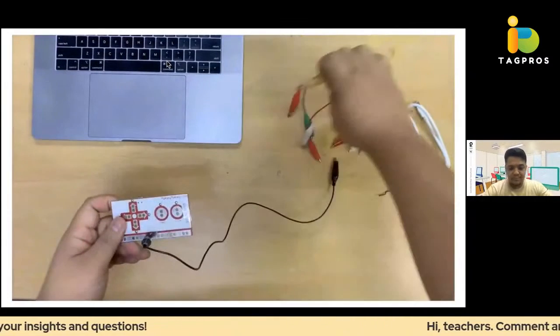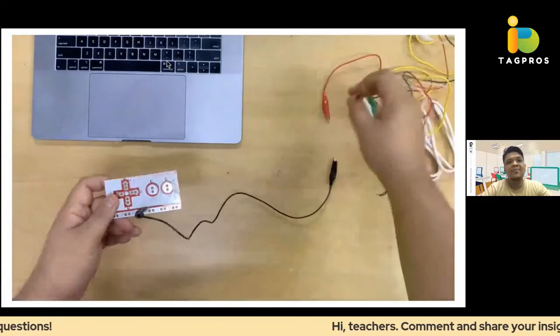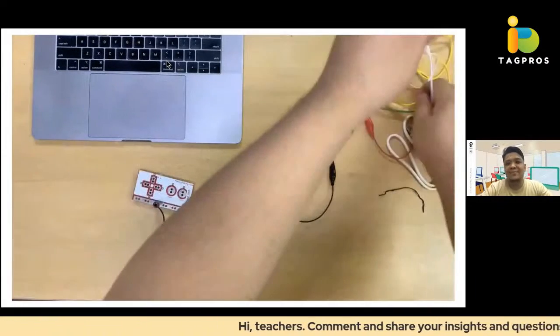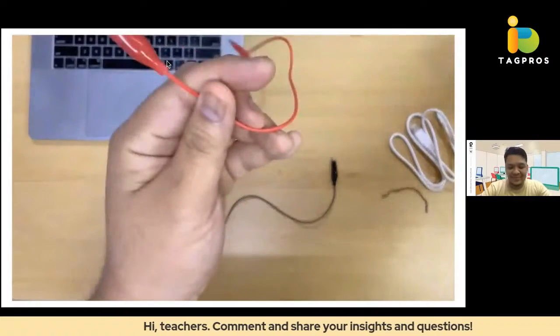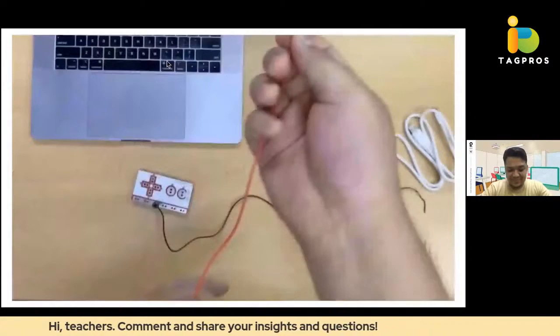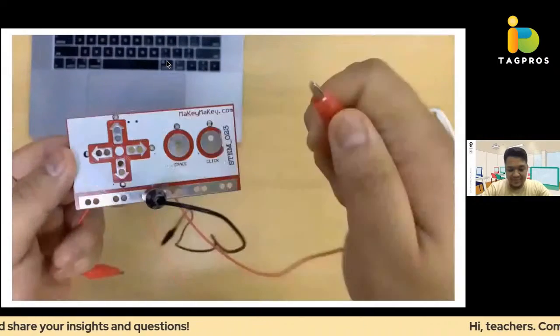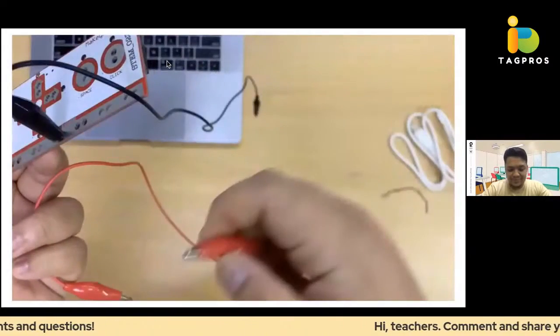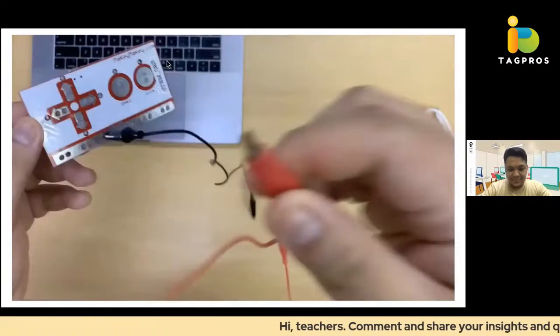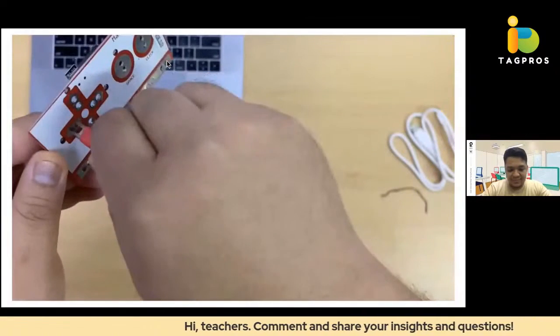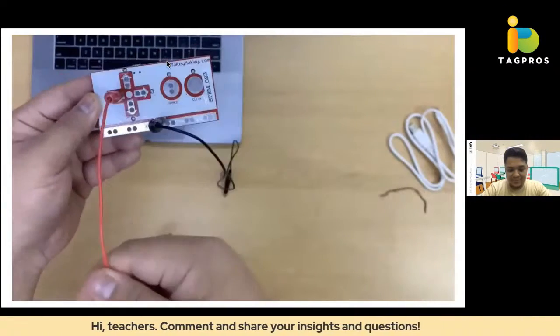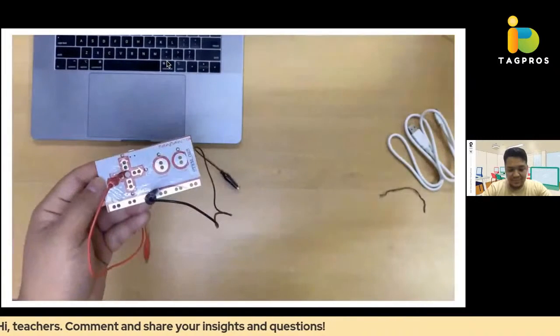And then we're going to connect each. So for the instruments, for the left arrow, we have the bass drum. So I will connect this one to the left arrow controller for our bass drum.